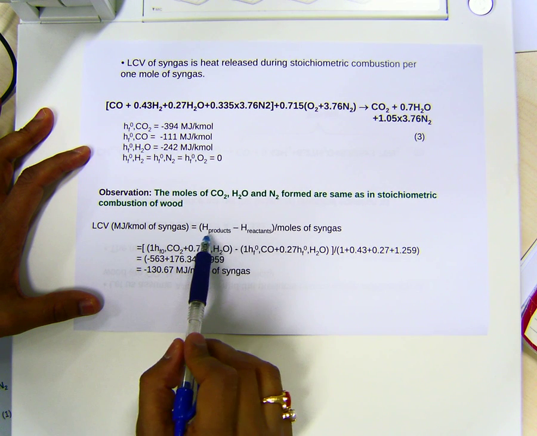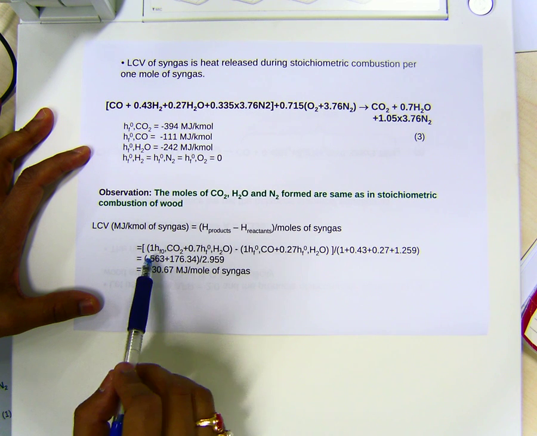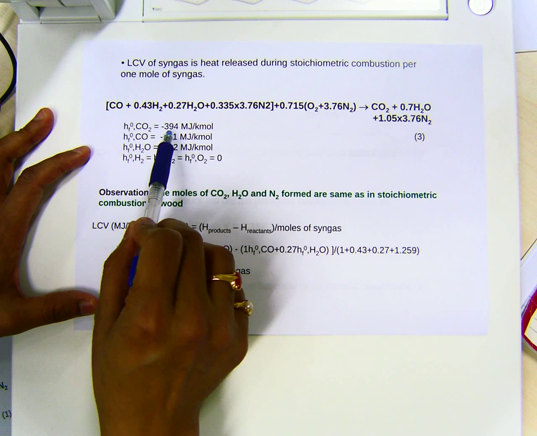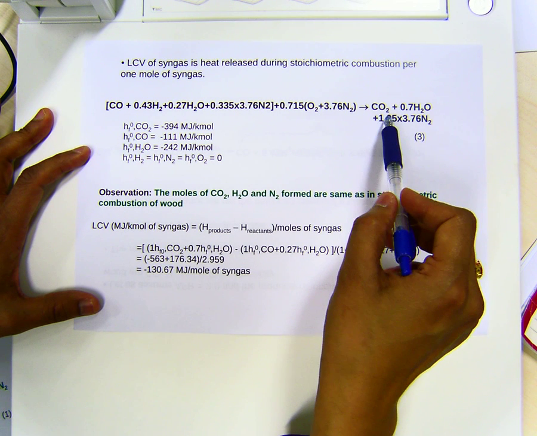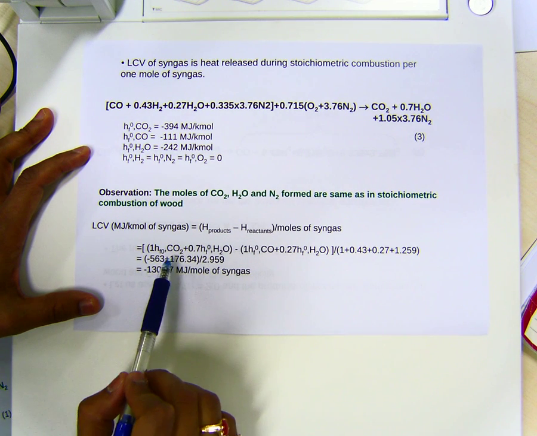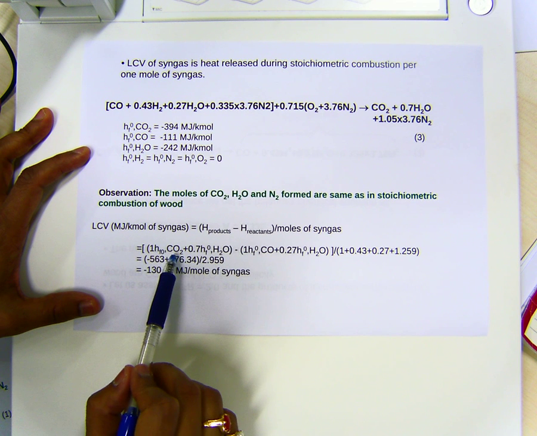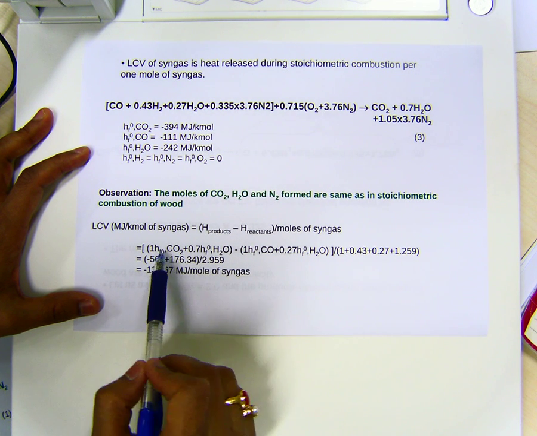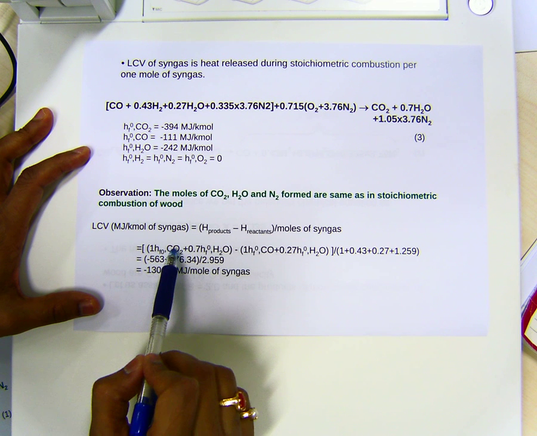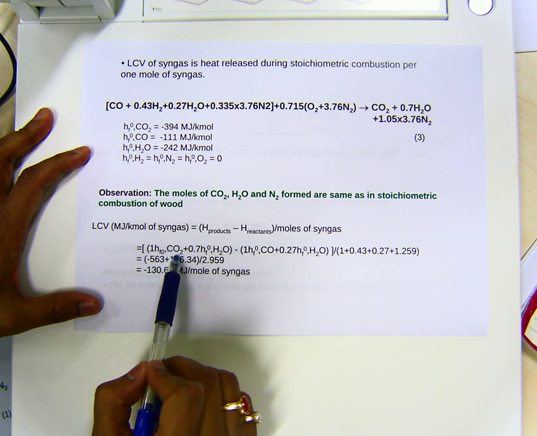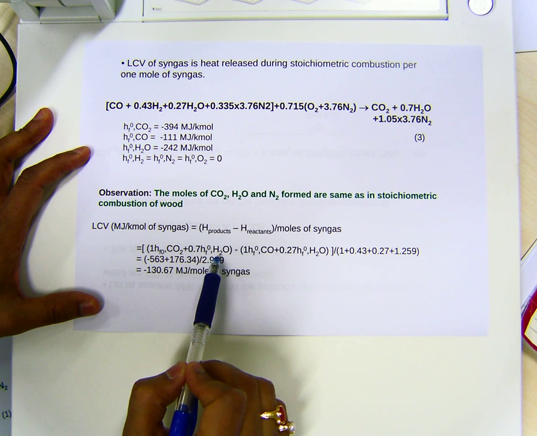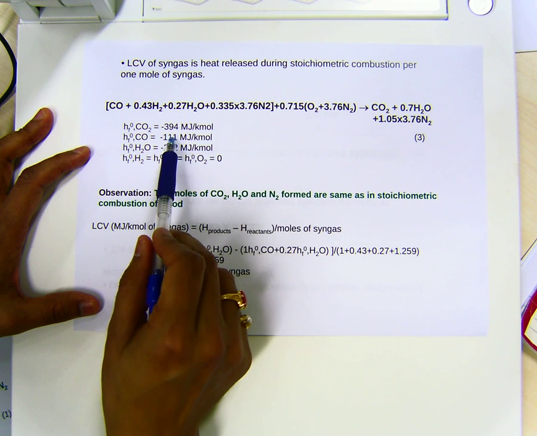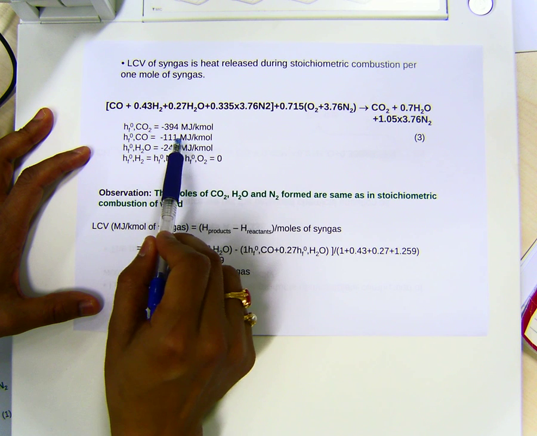To calculate the enthalpy of products, heat of formation is given per mole, so we take heat of formation times the number of moles in the products. For example, for CO2 we get 1 mole, so heat of formation times 1 mole of CO2 gives the total enthalpy of CO2 in megajoules. In the same way, for water, 0.7 times the heat of formation of water, that is minus 242 megajoules per kilomole.